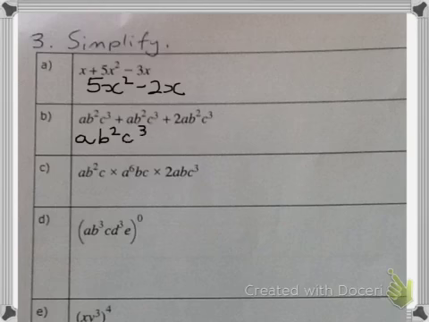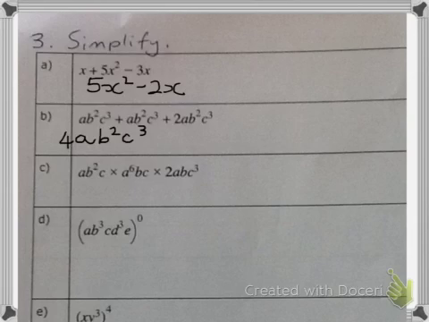So what I'm noticing is I've got one a b squared c cubed, another one, and two more, so I have actually got 4 a b squared c cubed. You can only add things together if they're exactly alike, and these are all in B exactly alike.